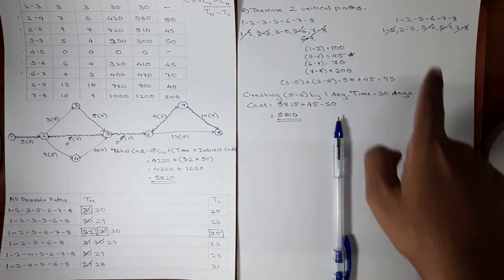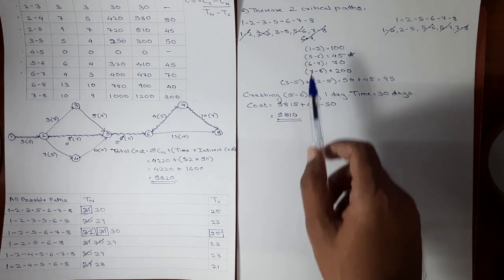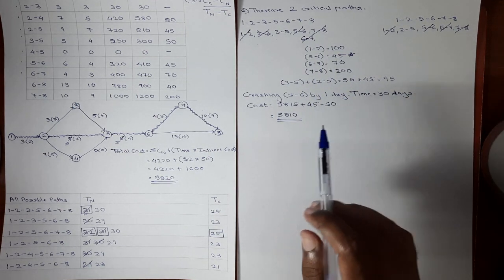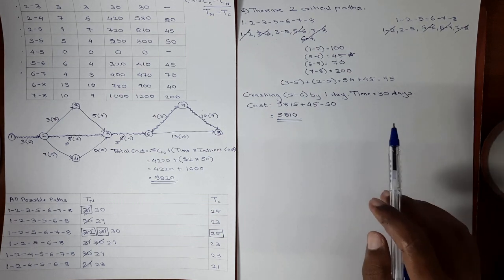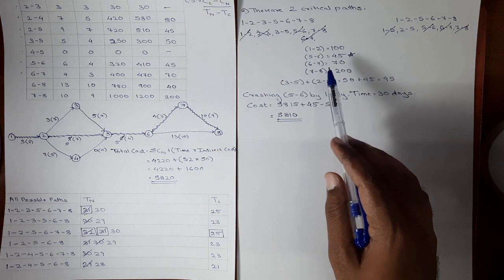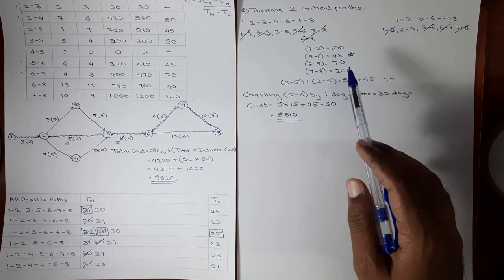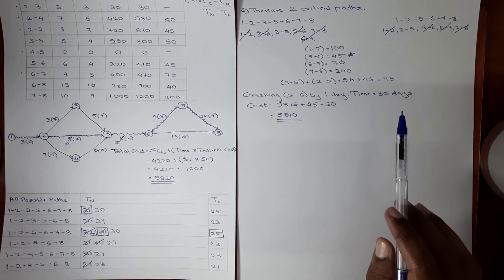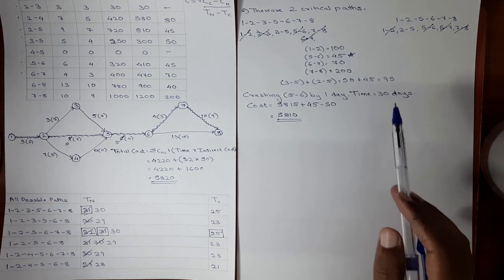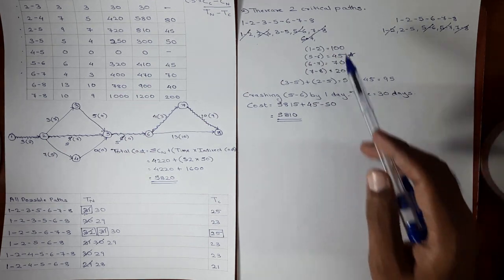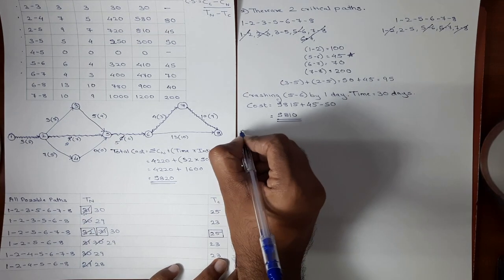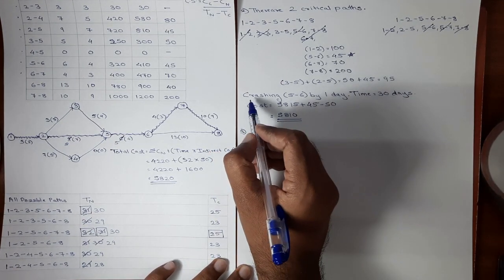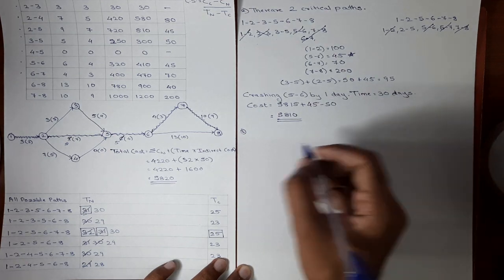Now in the second step of crashing, no activity was exhausted. The scope of crashing of any activity wasn't exhausted. We crashed 5, 6 because the cost slope was minimum, but still there is a scope for crashing. No critical path is added. There is no new critical path and there is no exhausted activity in this step. So logically, in third step of crashing, we can still crash activity 5, 6 again by one day.